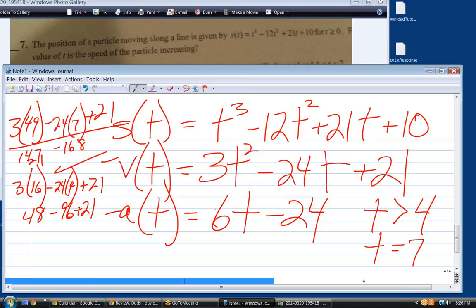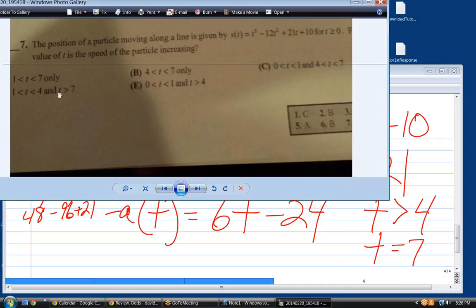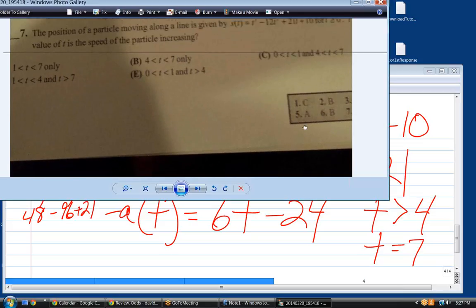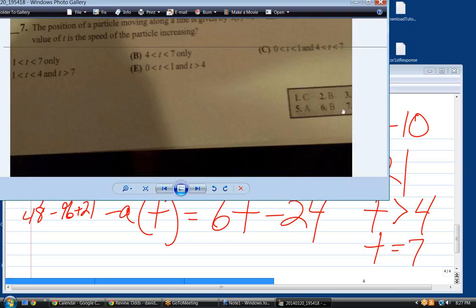We can see acceleration is also positive. So this is the answer, because both are going to be negative when t is 1 to 4, and both are going to be positive when t is greater than 7. And that's the situation where speed is increasing. So 7, oh, you didn't show me the answer. What is the answer on 7? Is it D? D. Good. Yeah. All right.